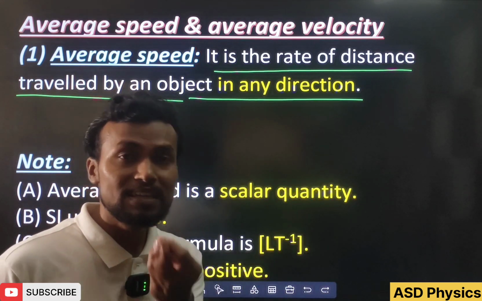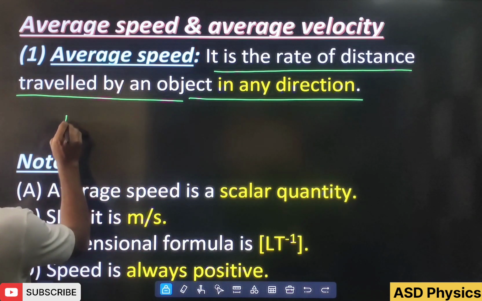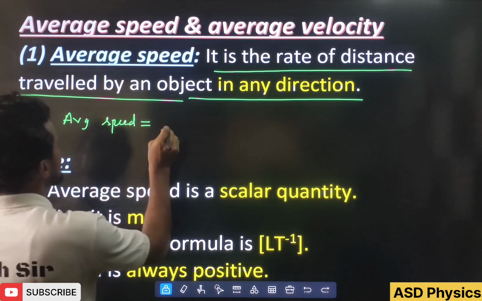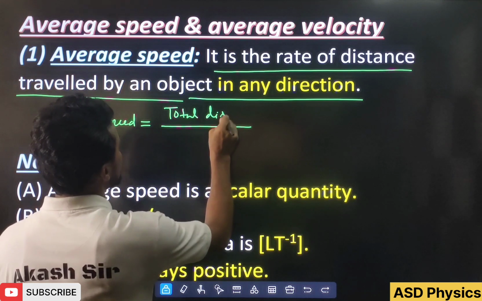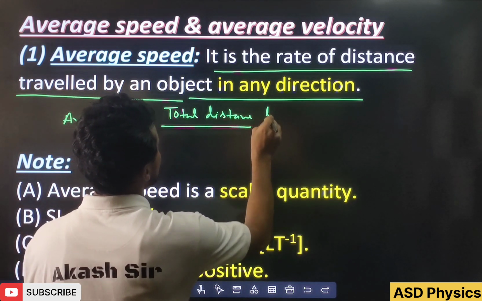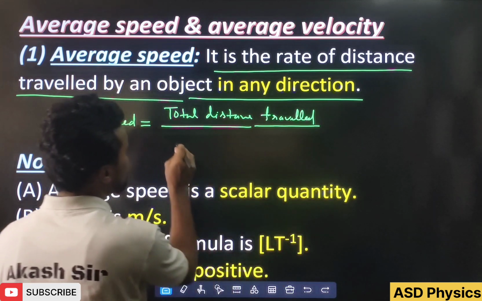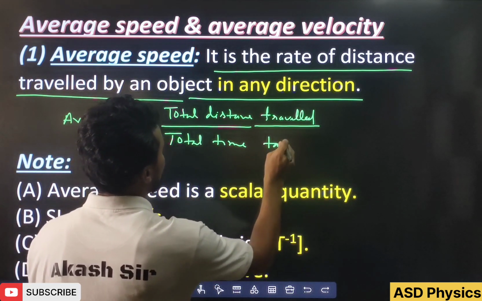Because we know very well speed is a scalar quantity, direction does not matter. If I want to write the average speed formula, we know very well, it is total distance traveled by total time taken.